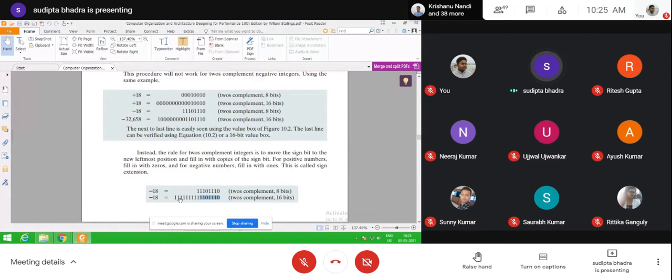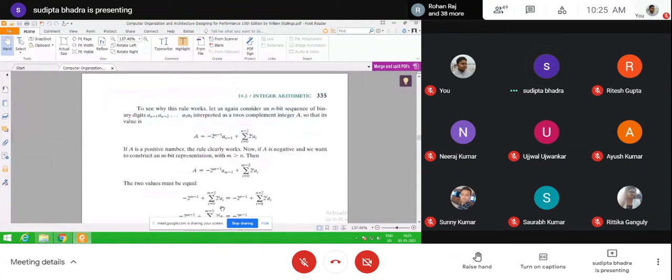So these bits represent that value, so that we get minus 18. That's why, when we are storing an 8-bit 2's complement number into a 16-bit 2's complement, we not only shift the sign position, we fill up all the new bits with ones, so that we can get the required value.